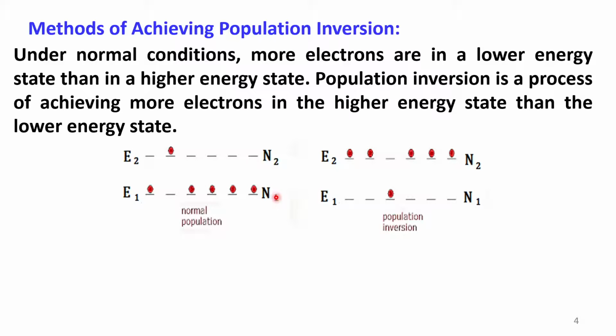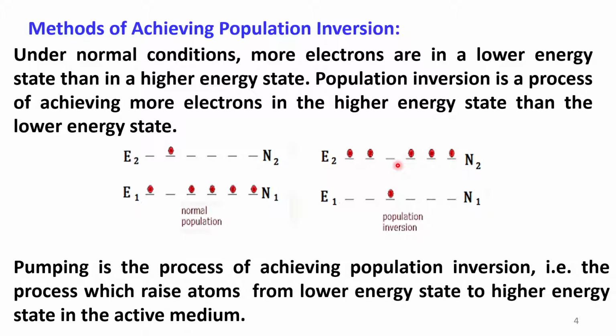In these two figures, the first figure shows the normal population, in which the number of atoms in the lower energy state is greater than the number of atoms in the higher energy state.